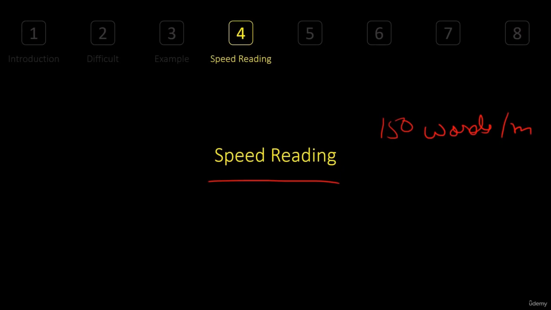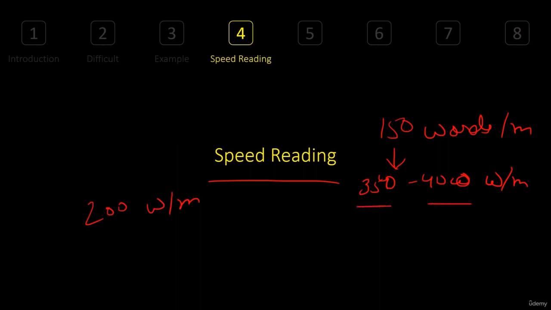If you are an avid reader, your speed might go to 350 to 400 words per minute. That's tremendously good compared to 150. We all lie between this, so maybe 200 words per minute, which is not good enough for our MCQs or multiple choice questions. We have to reach anywhere between 350 to 400.